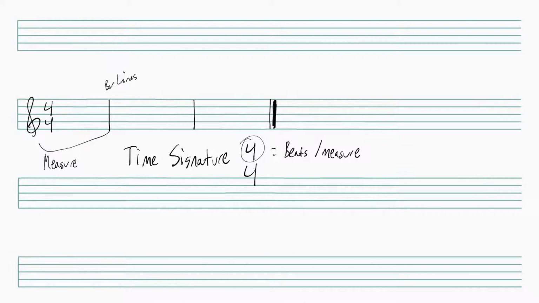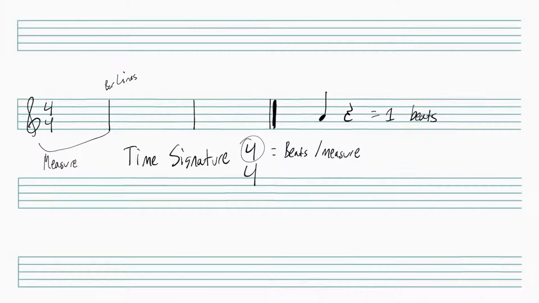For these next few examples, we're going to assume that the quarter note, or the quarter rest, equals 1 beat. This is not always true, but for this example, we're going to say that it is. So in our first measure here, we could draw 4 quarter notes.